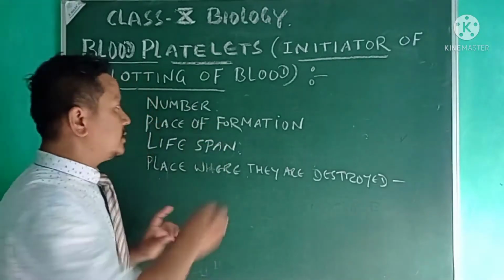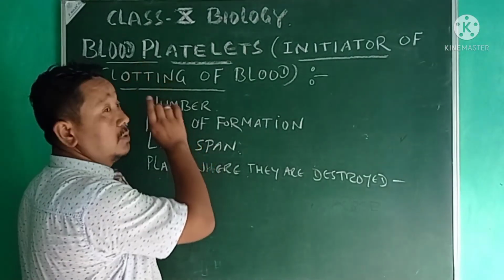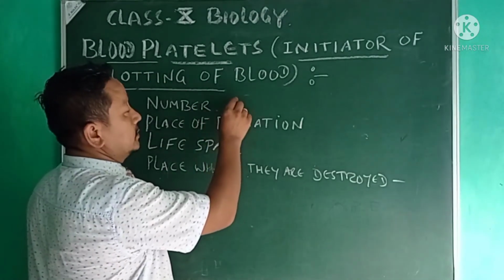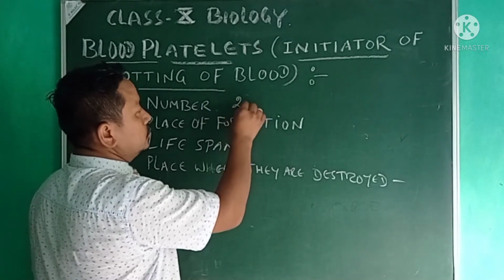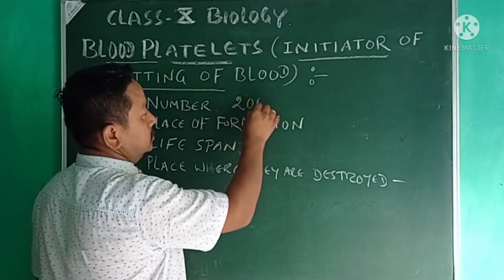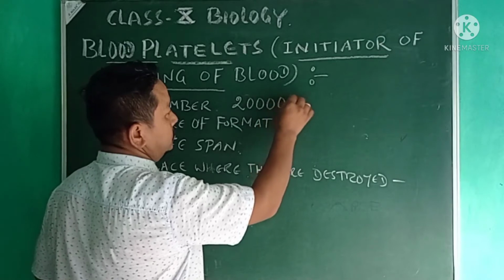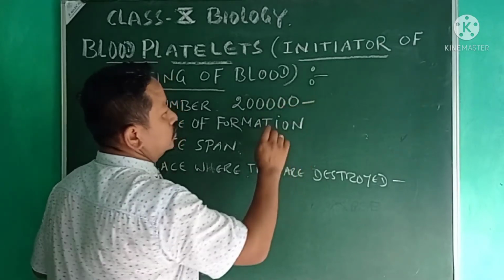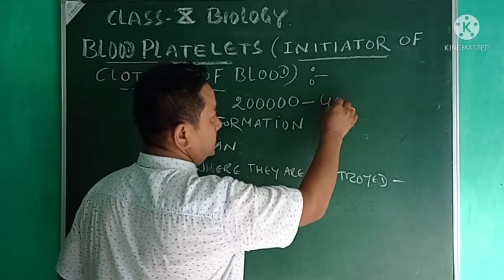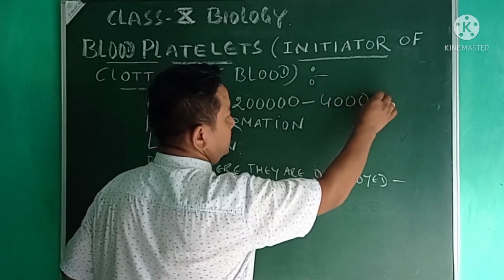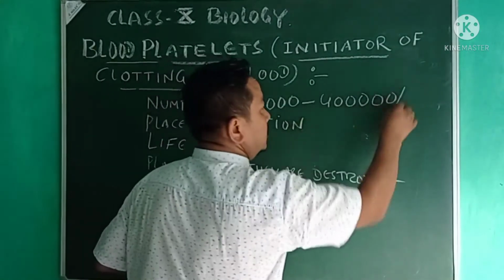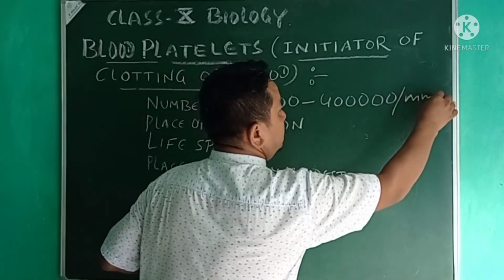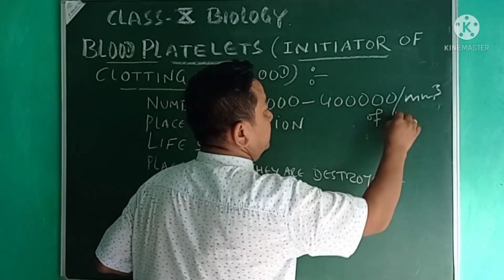The number of blood platelets ranges from 2 lakhs to 4 lakhs per cubic millimeter of blood.